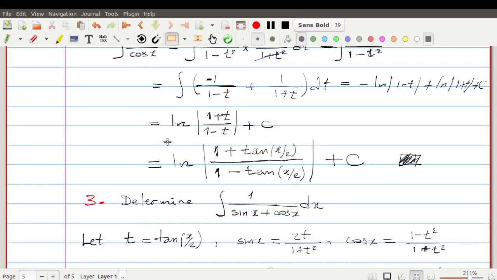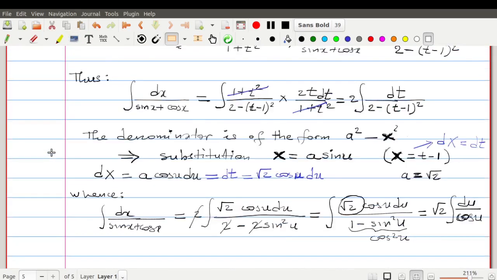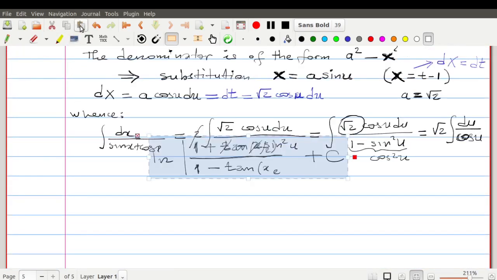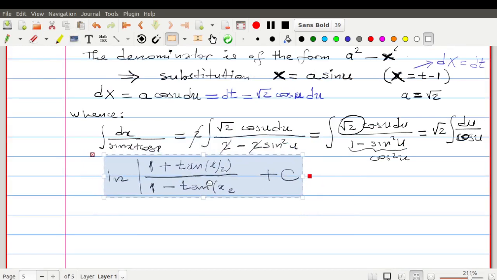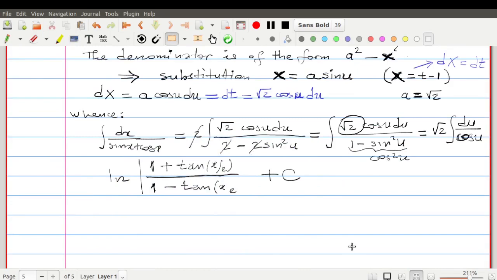There's nothing we can do. That's exactly what we are obtaining. You cannot manipulate it otherwise. So we just say that this is equal to this, but with u here. So this is u, and this is u by 2.